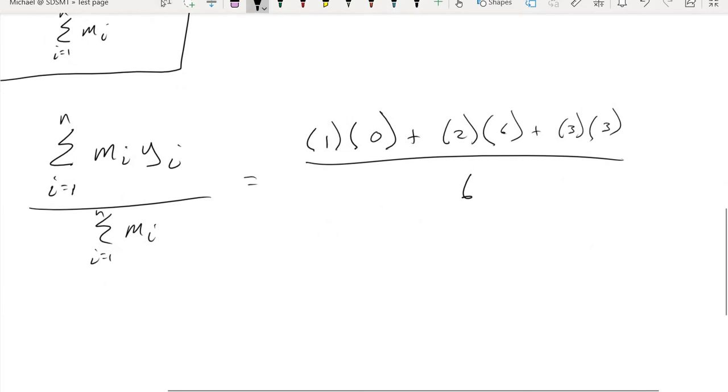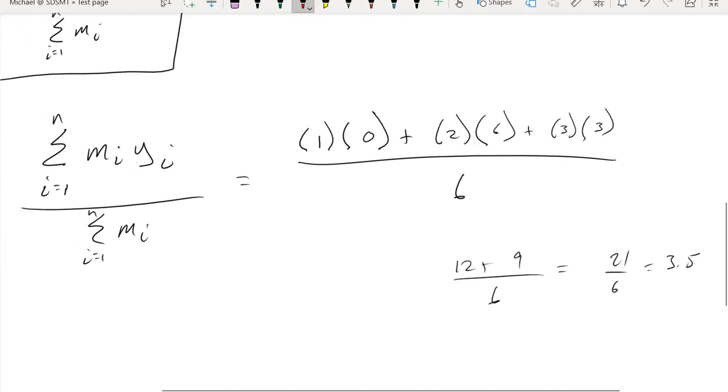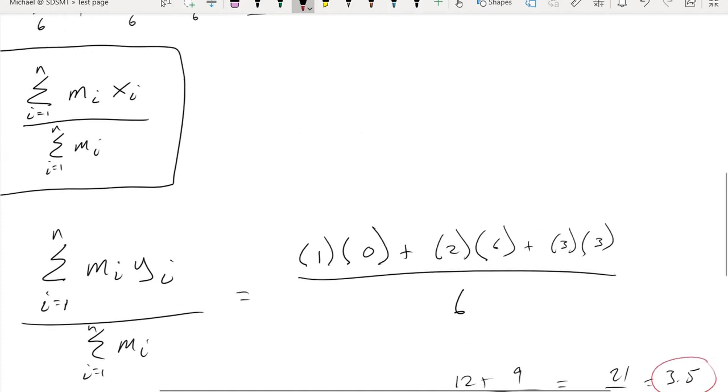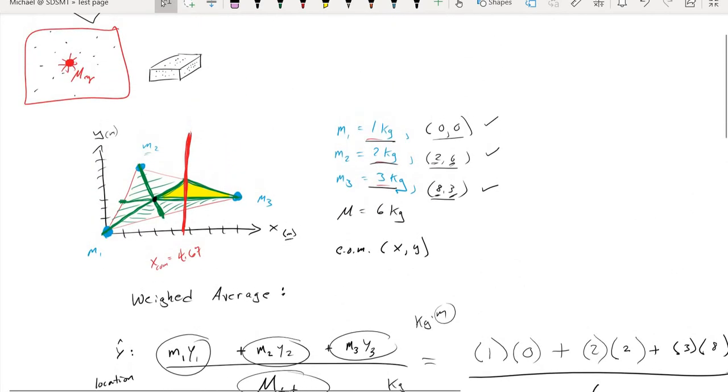And in this case, we have 0 plus 12 plus 9 all over 6. So 12 and 9 makes 21 over 6. 21 over 6 reduces to 3.5. So at the point y equals 3.5 is where the center of mass for the system needs to be. And we'll come up to 3.5 right there. Center of mass y component 3.5.